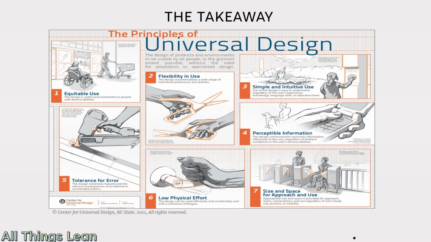Sometimes we as designers do not know where to start. Universal design is a solid approach to design because the 7 principles help us consider the needs of all users in general. Universal design benefits everyone, not just the aging population or people with disabilities.